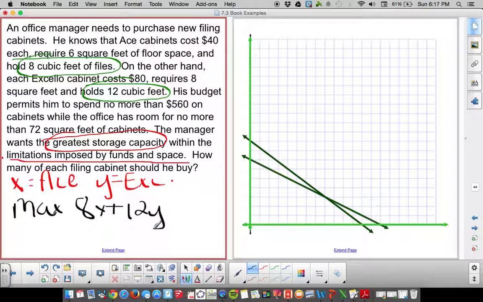That's what I'm trying to maximize. Here I want to know how many of each are going to give me the maximum storage capacity.